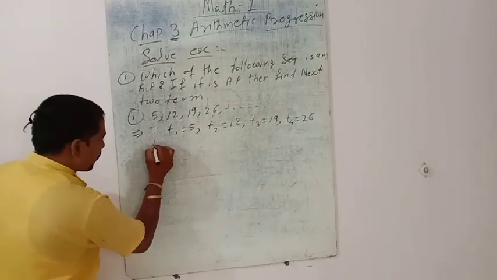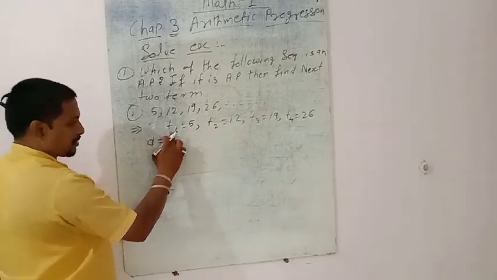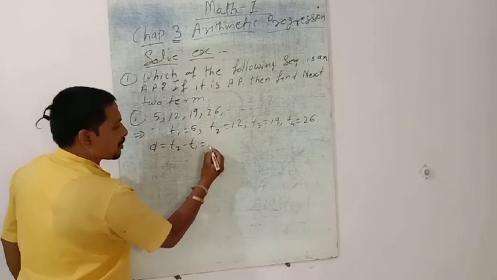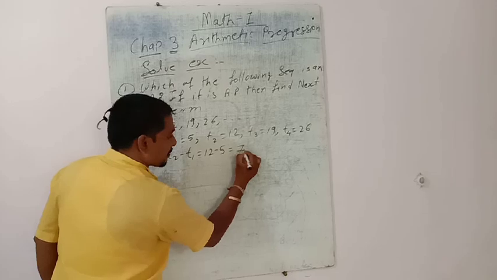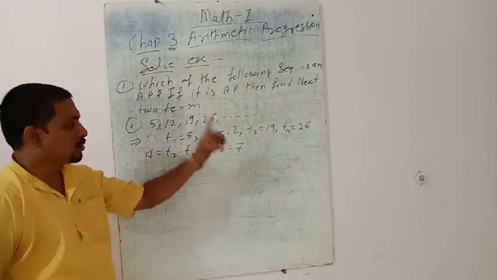We have to find the value of d. d equals second term minus first term, that is T2 minus T1, equals 12 minus 5, equals 7.